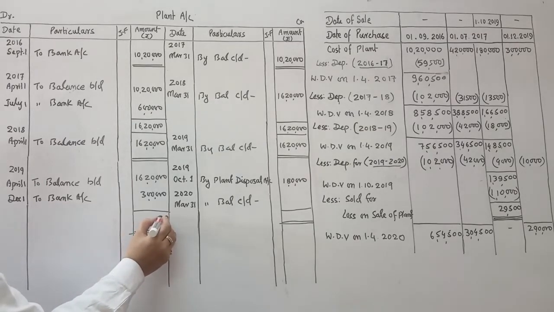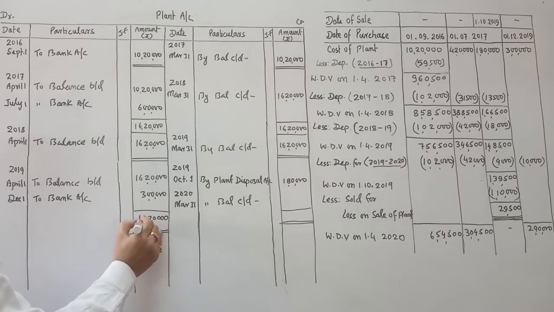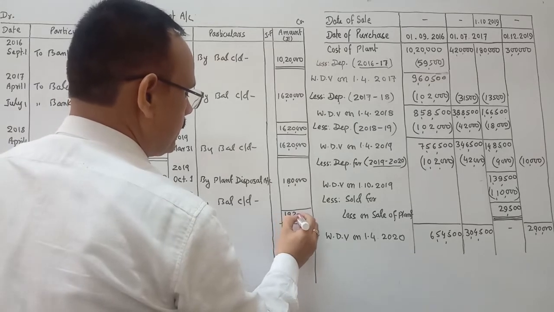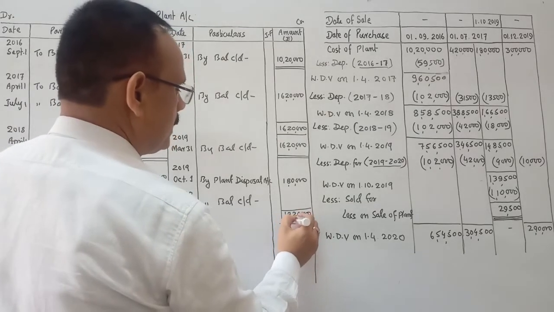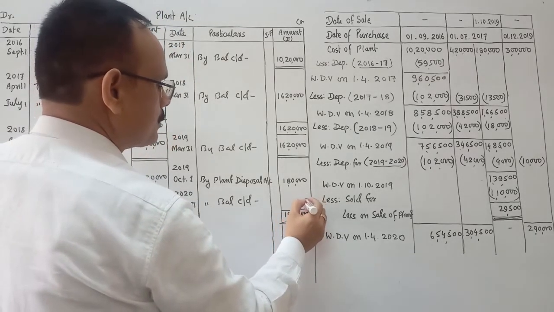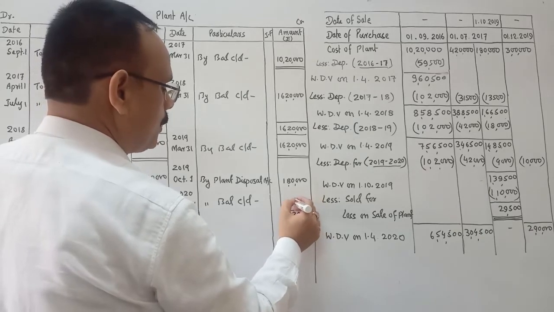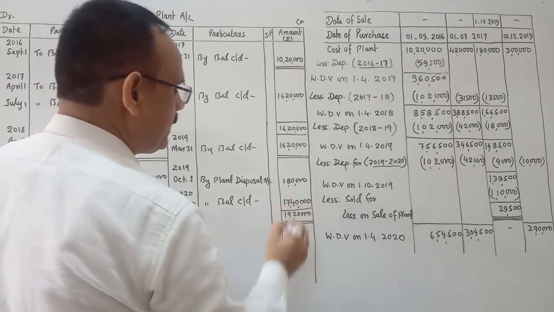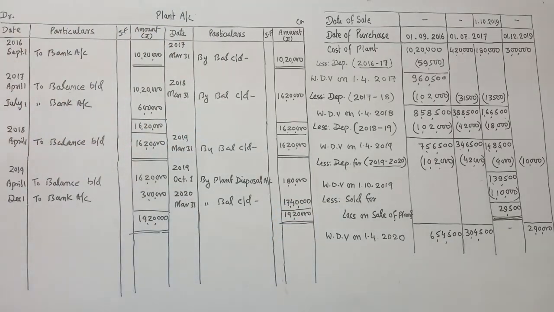This side total is 19,20,000. Write the same total over here, 19,20,000, and the difference amount is 17,40,000.